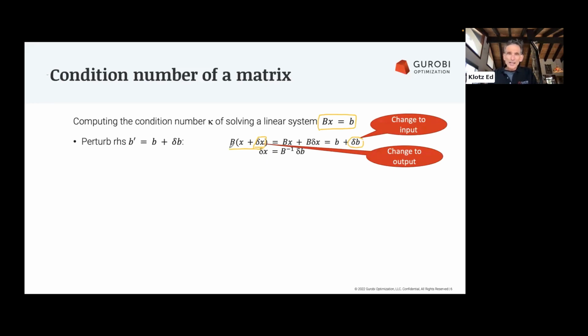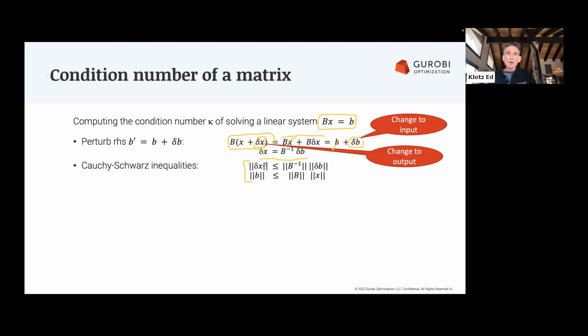So we take this perturbed system here and we expand it out, and then we can cancel out the terms from the original system. And from what's left, we get that the perturbation to the solution is the inverse of our basis matrix times the perturbation to the input. We now can apply the Cauchy-Schwarz inequality to both this last system and the original system, and we get these two inequalities here.